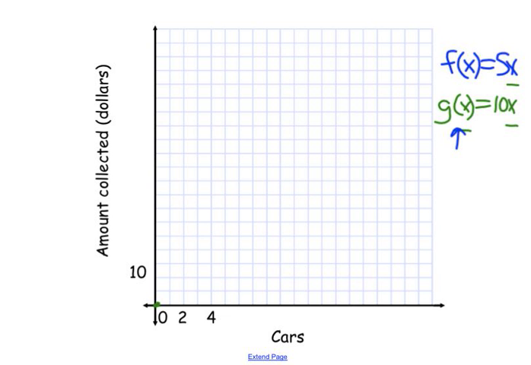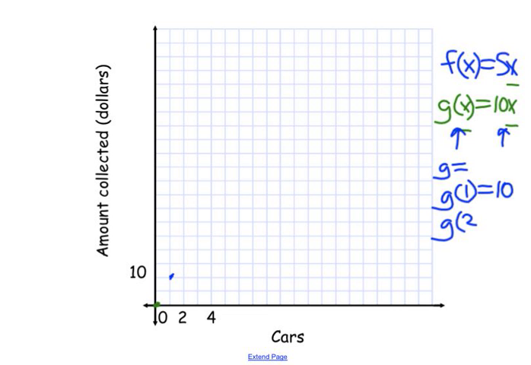So now I'm going to plug in the value 1 for x. So when x is 1, then g is going to be equal to 10. So actually, just write g of 1 is equal to 10. So 1 over, 10 up. So let's put that right there.